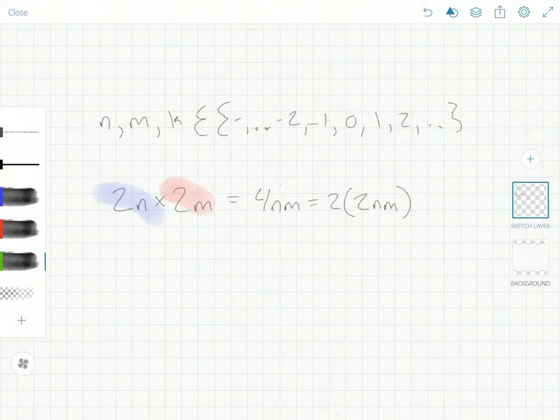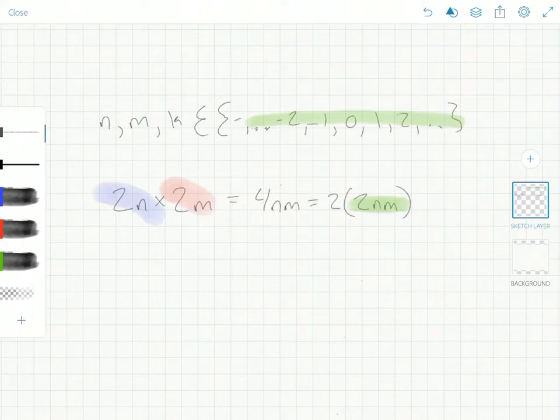And the challenge here is to see that the stuff in parentheses here that I've highlighted in green, no matter what value I plug in for n and m, I'm always going to get another integer back. It might be even, it might be odd, but it's definitely going to be an integer. So let's just choose, let's do maybe 2 and 3.